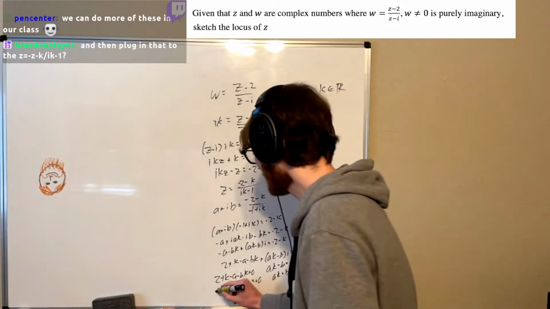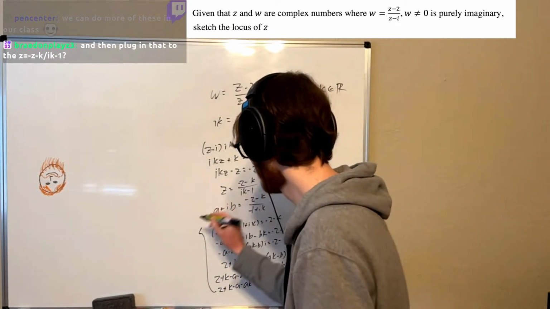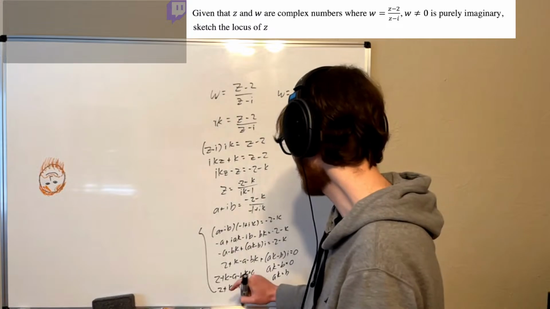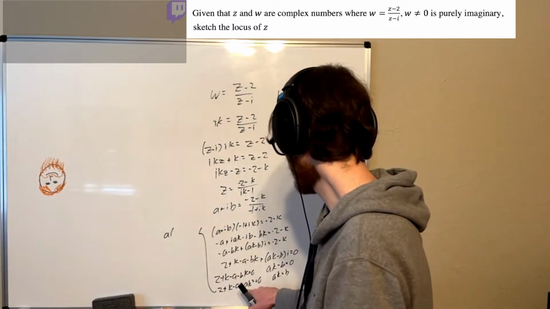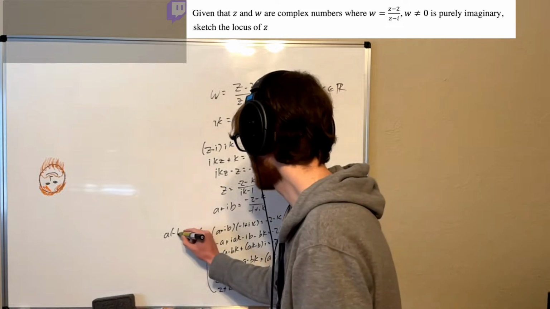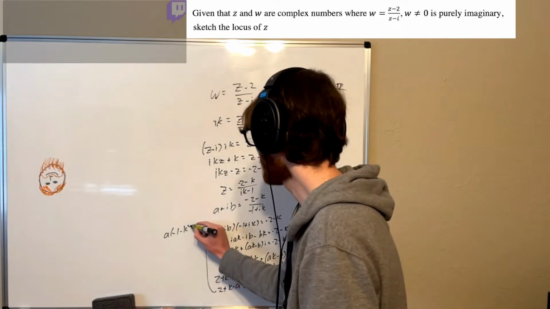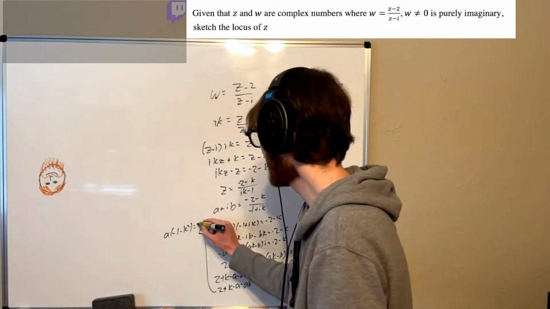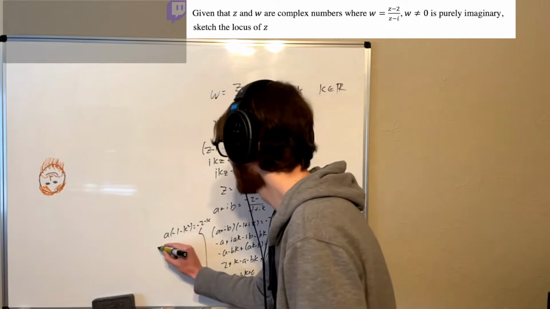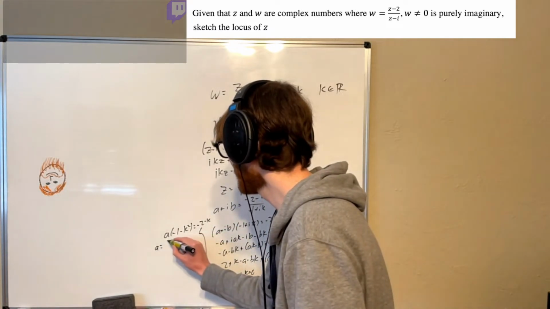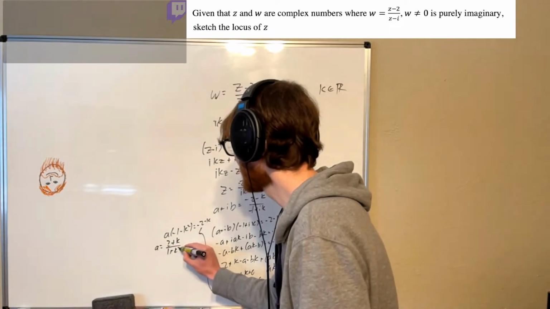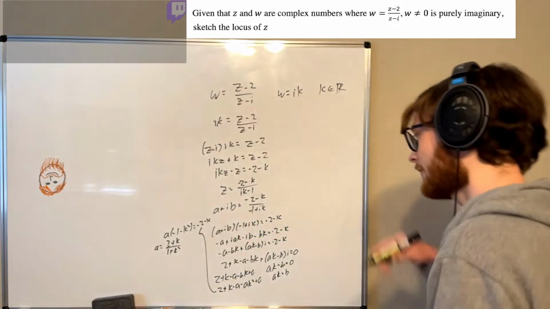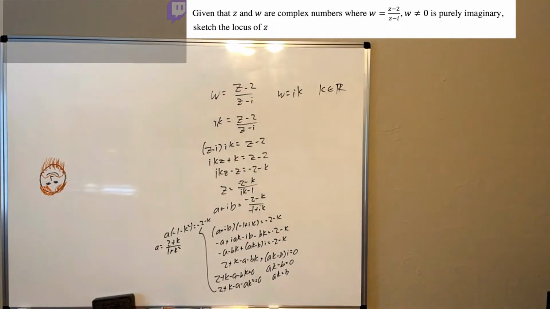I'm running out of space. I was trying to be lazy and put everything in. So we factor the a out. Minus k squared equals minus 2 minus k. So a equals 2 plus k over 1 plus k squared, if we cancel the negative 1.